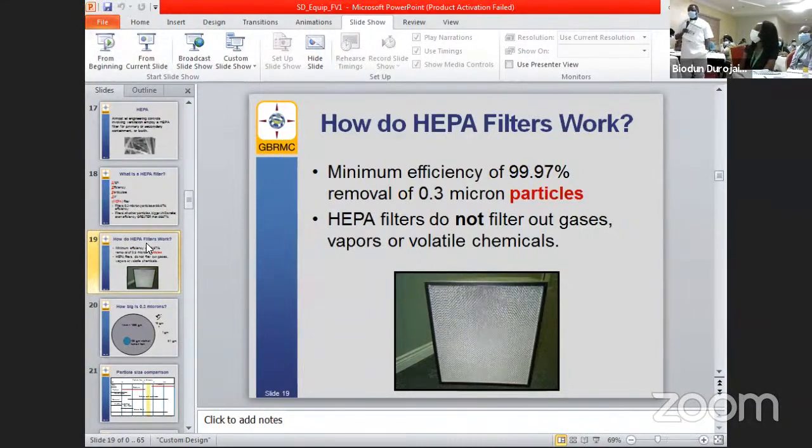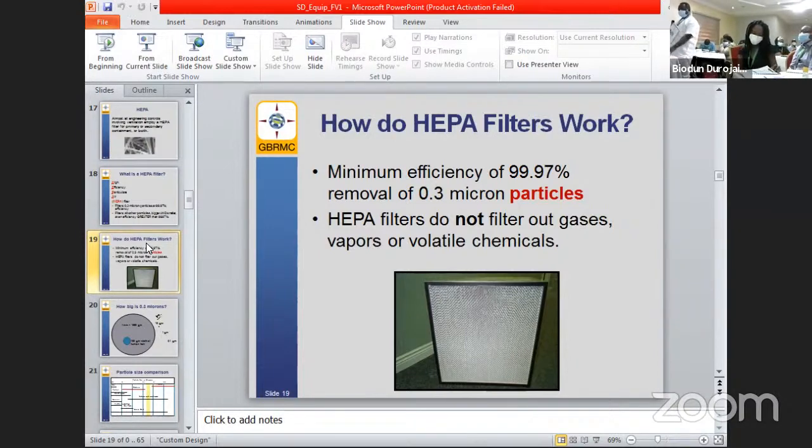We will also not be talking about gases that are devoid of particulate matter. But if the gas is carrying any particulate matter, it is expected that if it is up to 0.3 micron, then the HEPA filter, if it maintains efficiency, must be able to filter it.